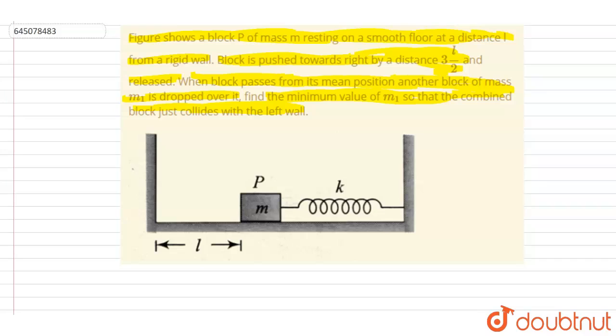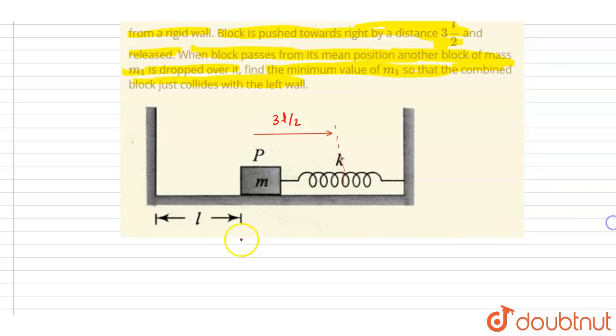So what will happen when you compress it by a distance 3L/2? The spring will get potential energy, right? What will be the potential energy if I compress this spring by 3L/2? I will write down the potential energy at this initial position.